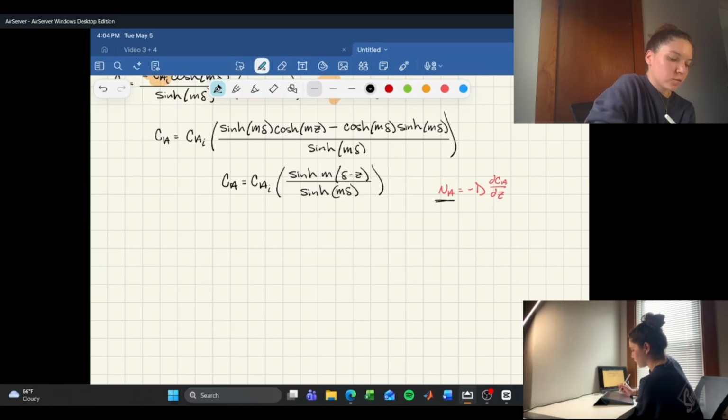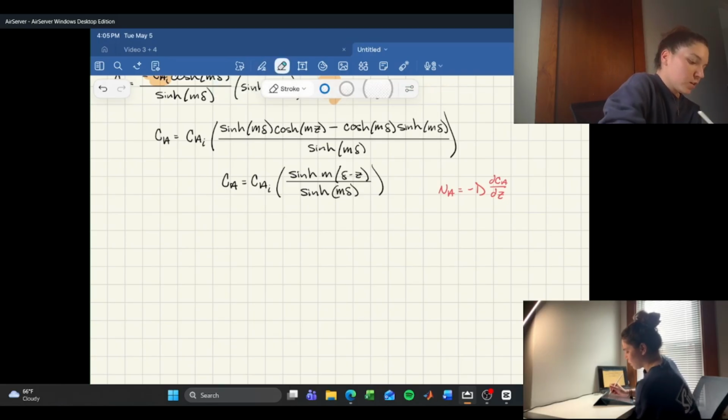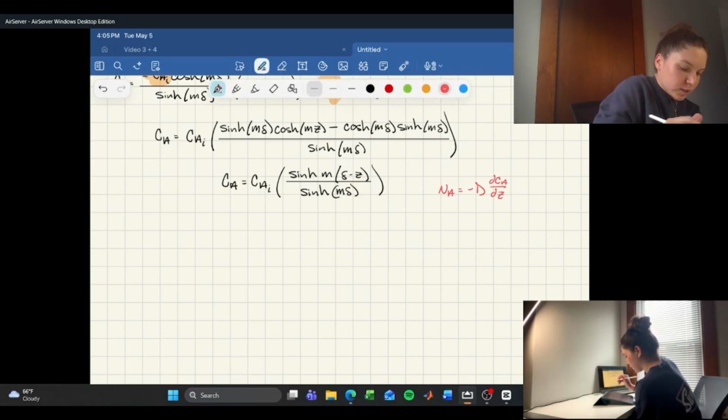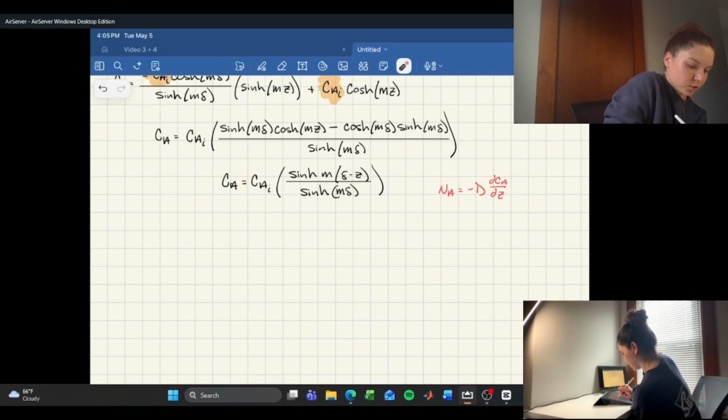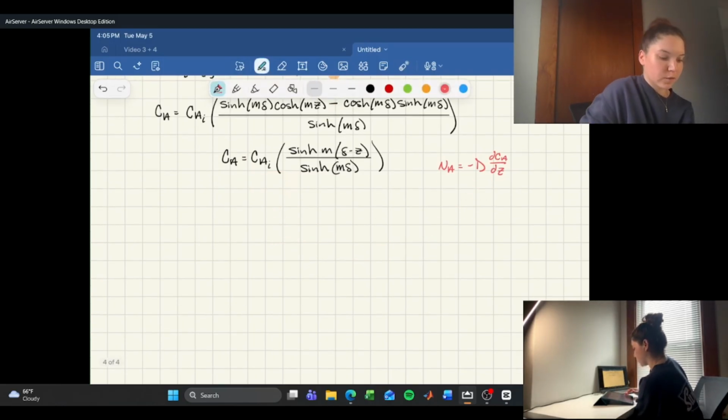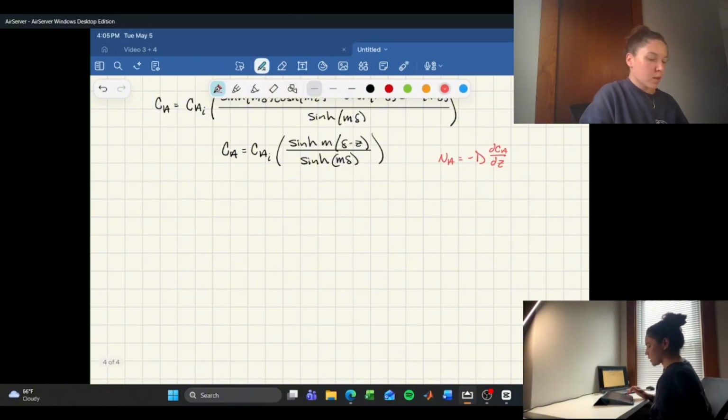We are trying to solve for the molar flux of A. Okay, so we can take the derivative of this whole term, and then we can plug that derivative into the Fick's law equation.